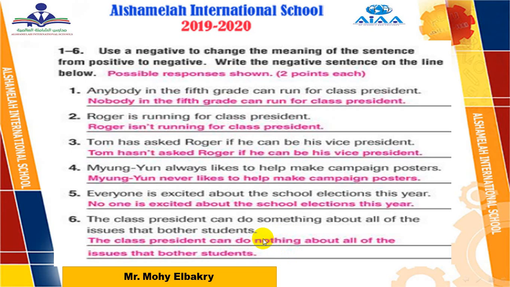Without using nothing, we can use not plus any. We can say here the class president can't or cannot do anything. So can't plus any, not plus any equal no. Okay, understood, guys? Yes, excellent.